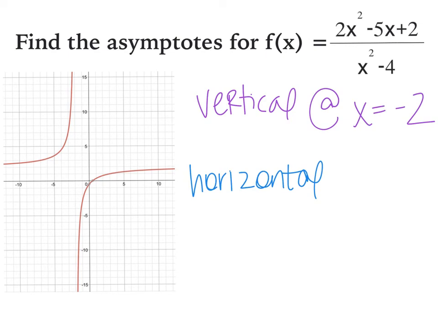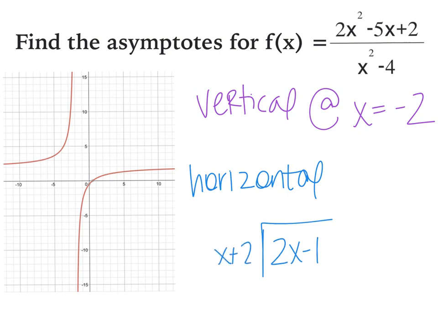I can actually prove that by dividing our numerator by our denominator. I'm going to do that with the lowest terms of my original function, which would be 2x minus 1 divided by x plus 2.